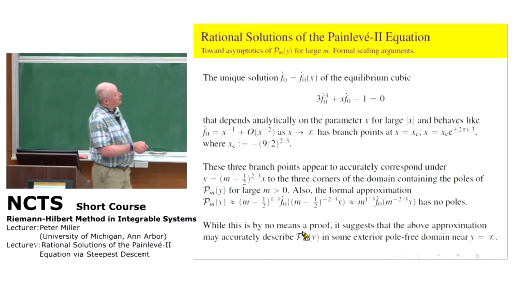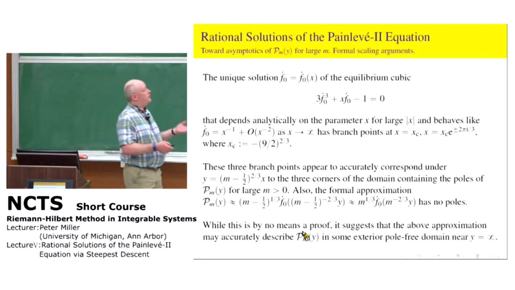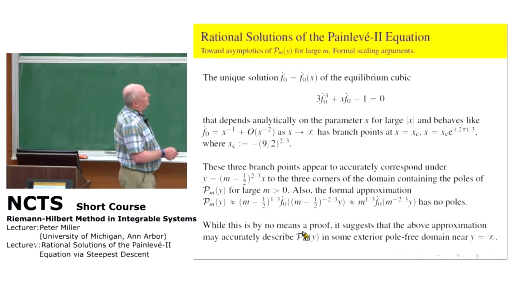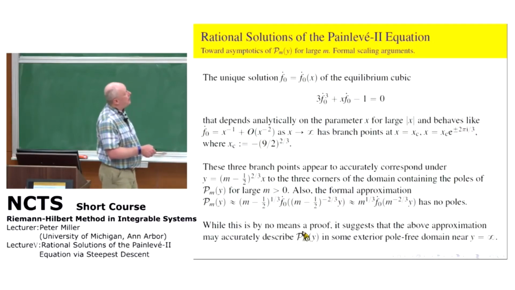So that function, you can check, is very nice near infinity. It looks like 1 over x, but as you come into the finite part of the complex plane, you eventually run into some branching points. And there are 3 of those branching points. There's a point called x sub c, which is this exact negative number, and then there are the 2 rotates of that number by plus or minus 2 pi over 3 angle.